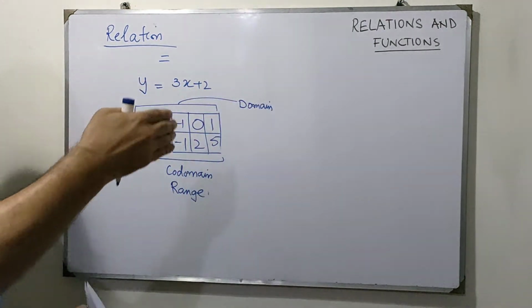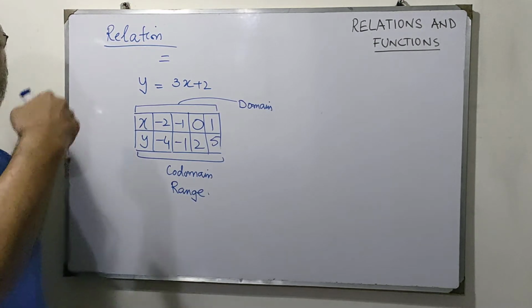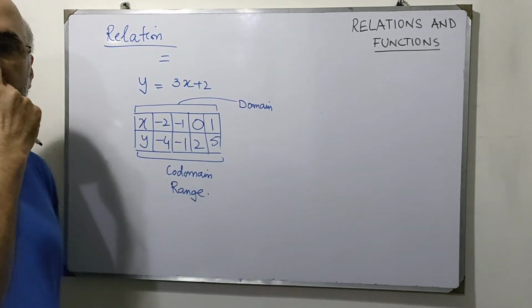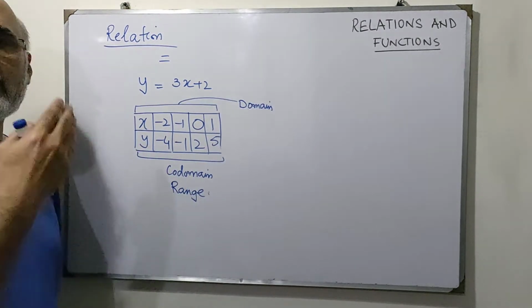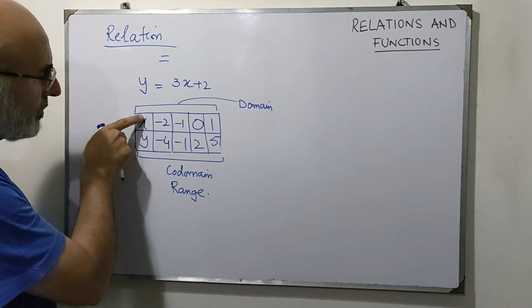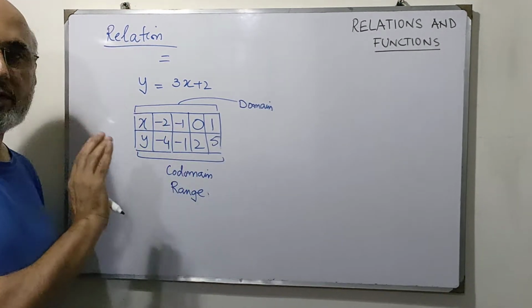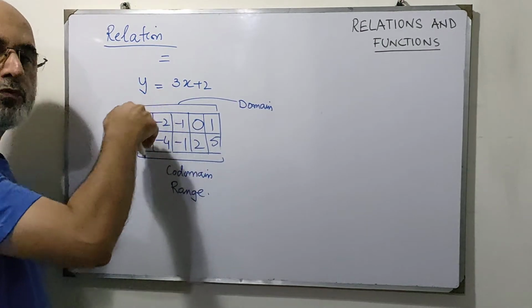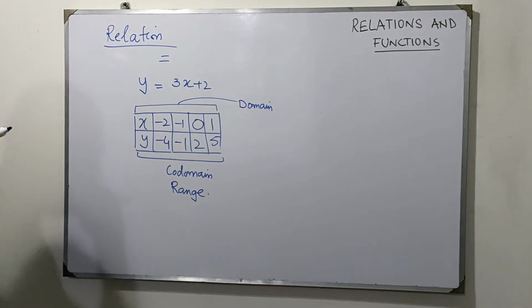So whatever the values are in the domain, which are the x values, are related to the values in the codomain, which is the y values or the range of the x values. So we can see here in the tabular form that the x values are related to y values. If we input minus 2, we get minus 4. If we input 0, we get 2, right?